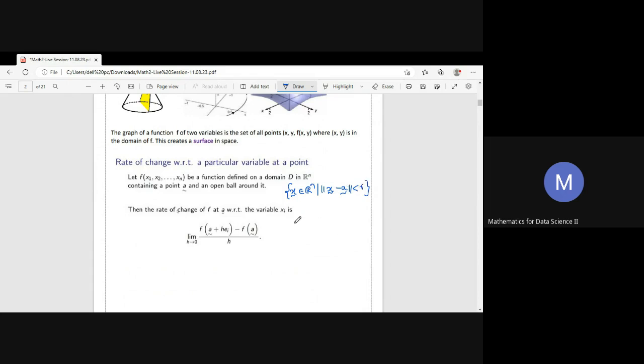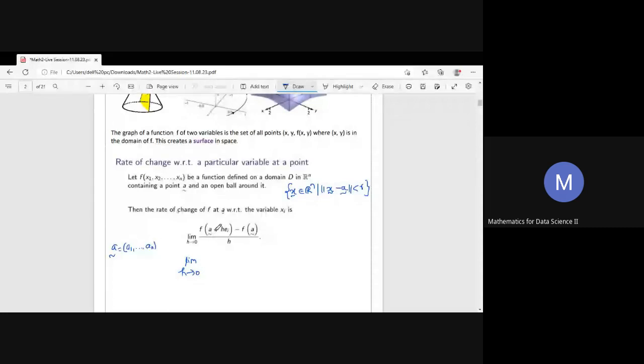All right. Okay. So then the rate of change of f at a with respect to the variable xi is the limit as h goes to 0 of f of a plus h ei minus f of a, divided by h. We have explained how we have obtained this, right? So this basically reduces to the limit as h goes to 0, where a is nothing but (a1, ..., an).